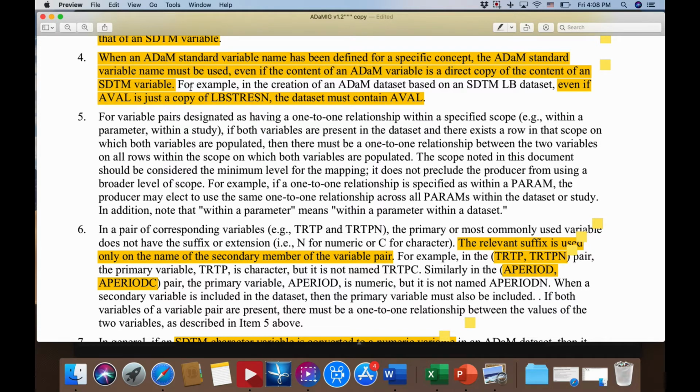So that means if there's an ADaM variable that can be used, you have to use that ADaM variable, even if it's a direct copy of the content of the SDTM variable. For example, this may be just a copy of the standard value, but you have to rename it as EVAL, not this one. Okay.